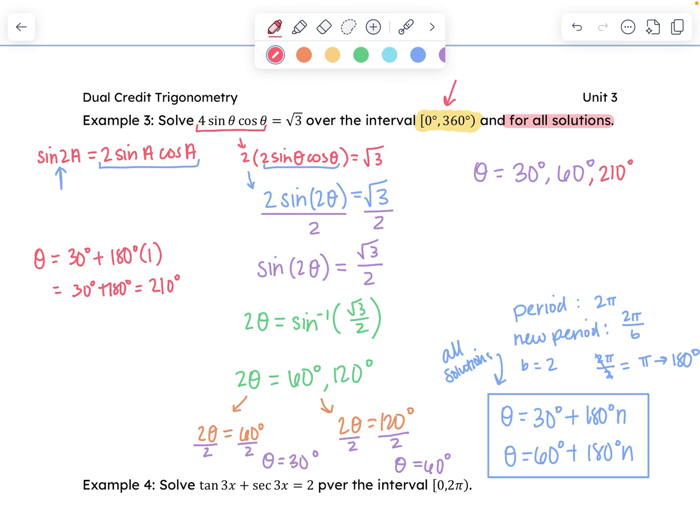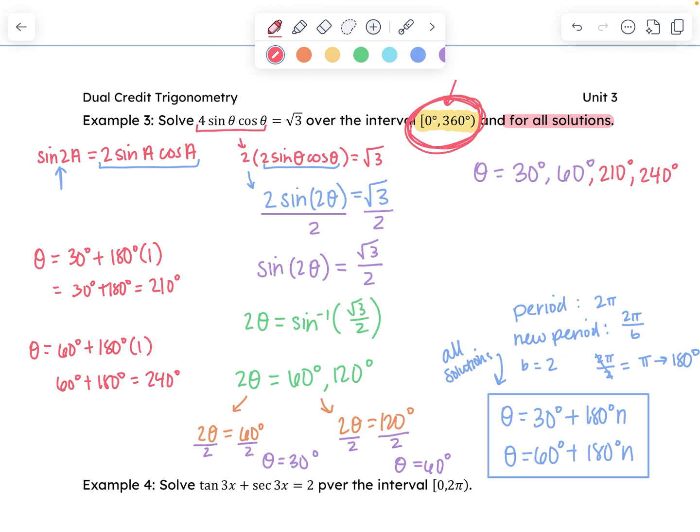And what happens if I do the 60 degrees? 60 degrees plus 180 degrees times 1 would be 60 degrees plus 180 degrees, which is 240 degrees, which is also still in that interval. So technically I do have 4 answers here that are in that 0 to 360 interval.